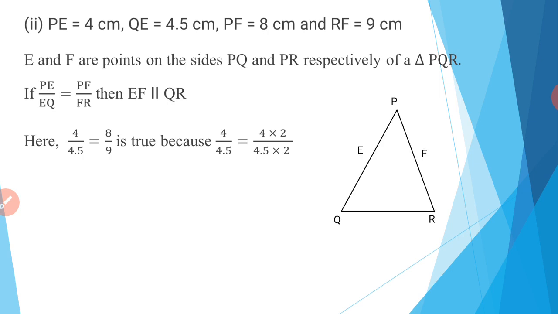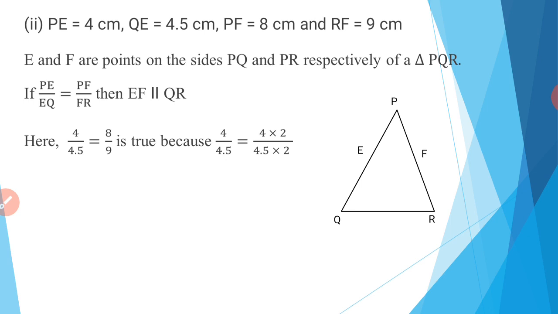In case number 2, PE is 4 cm, QE is 4.5 cm, PF is 8 cm and RF is 9 cm. E and F are points on the sides PQ and PR respectively of a triangle PQR. If PE upon EQ equals PF upon FR, then EF is parallel to QR.